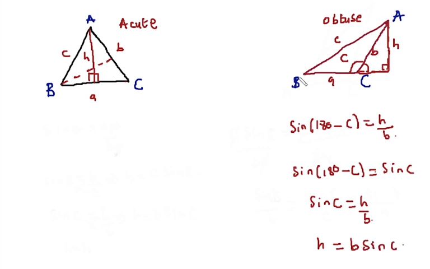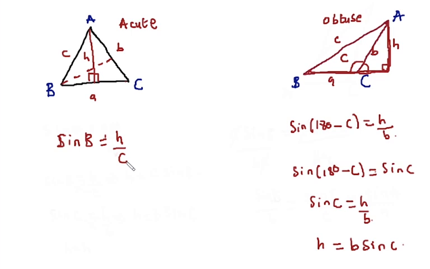If we are taking note of the bigger triangle, it will now be sine B, the opposite over the hypotenuse. So the opposite is simply H over c.